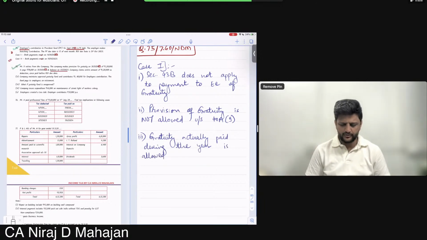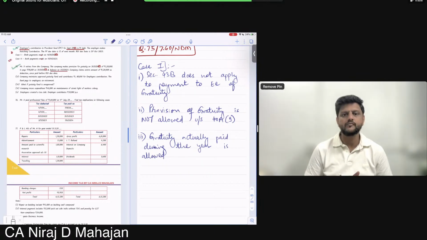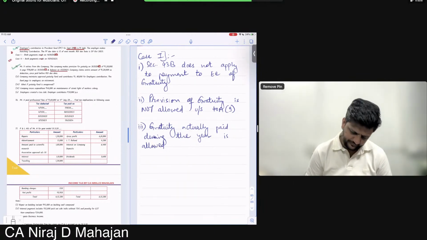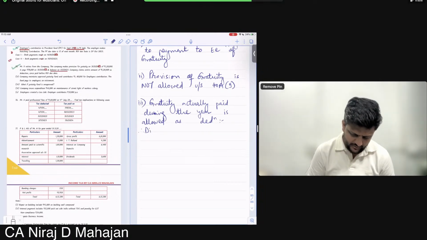Gratuity actually paid during the year is allowed as deduction, right? In the current year 22-23. Therefore disallowance is how much? Whatever provision we had done.